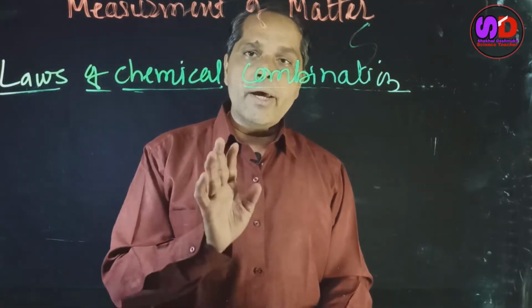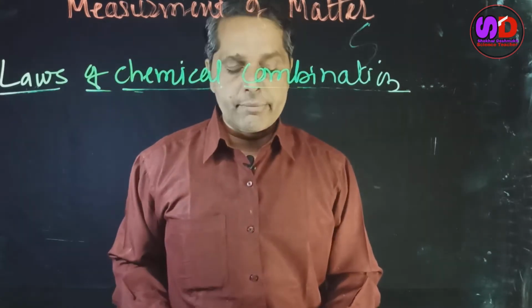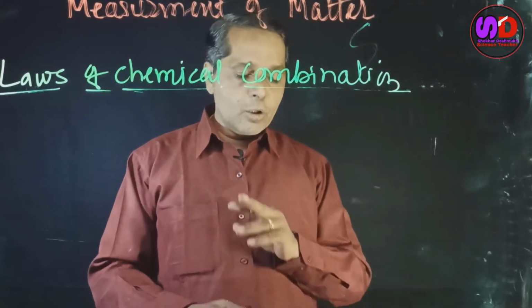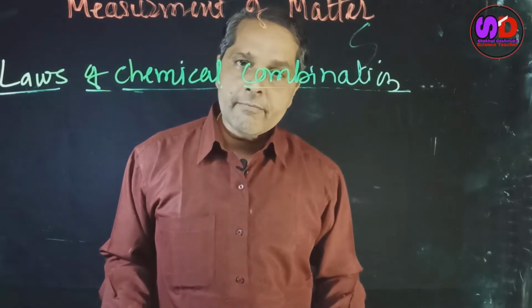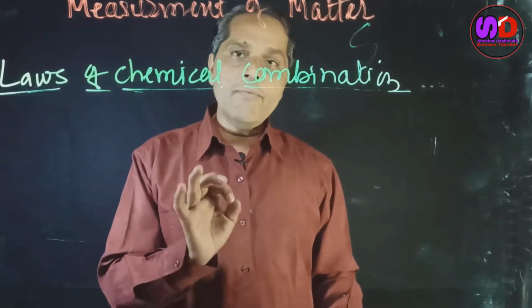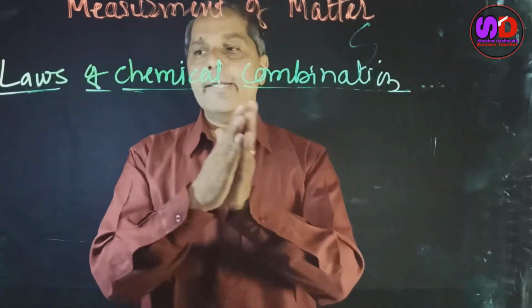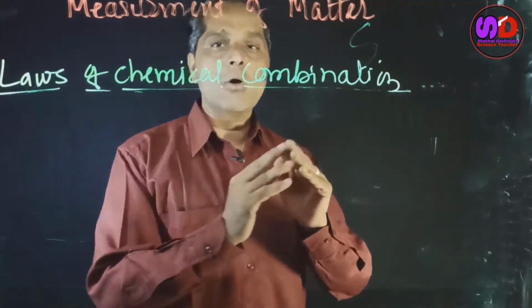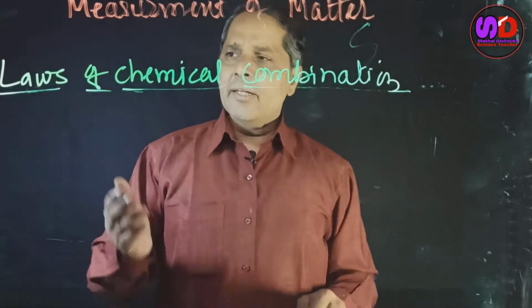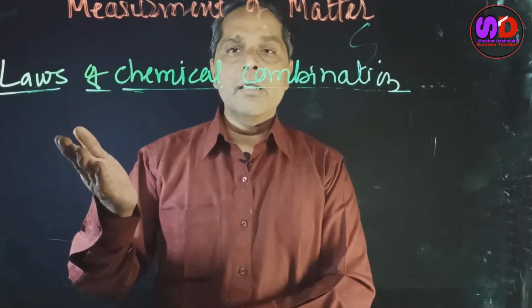In this standard we are going to see two laws of chemical combination, that is nothing but the law of conservation of matter and the second is the law of constant proportion. Both these laws are included in the laws of chemical combination.